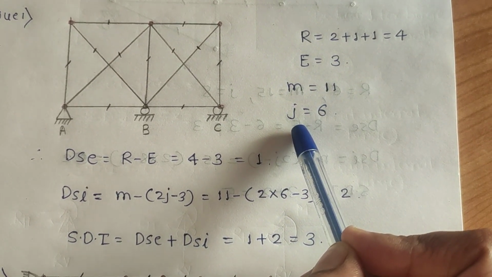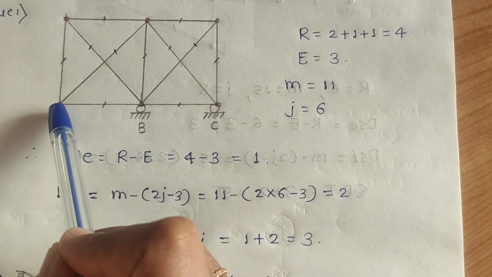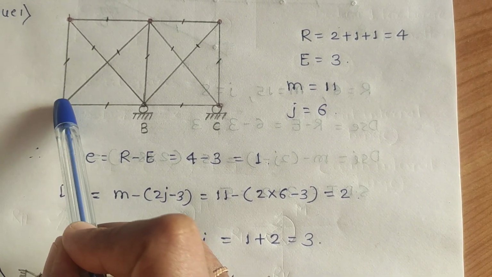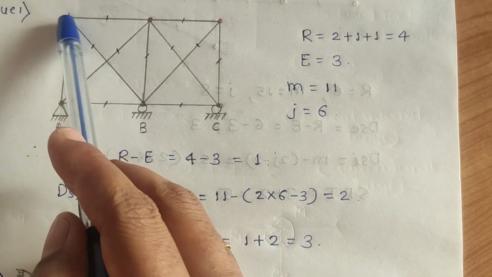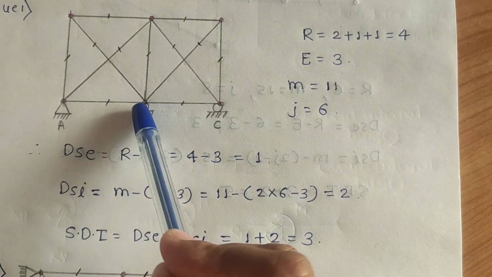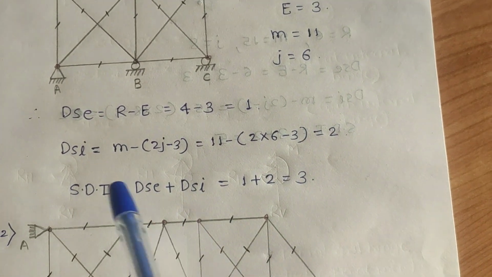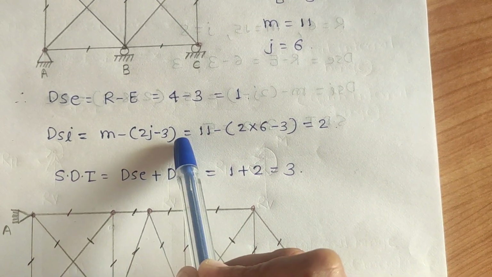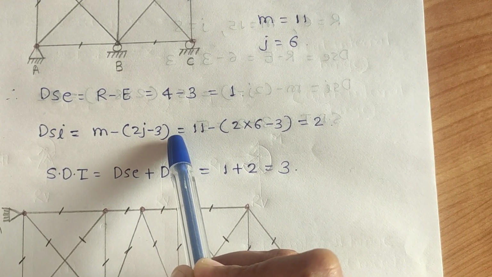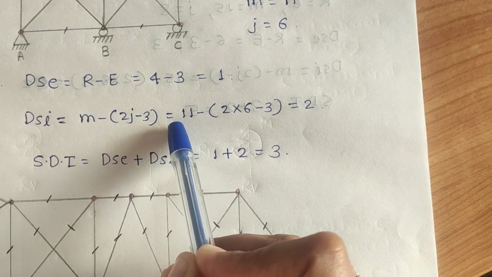Then count the number of joints, where the members are connected with each other, that is called a joint. 1, 2, 3, 4, 5 and 6. The number of joints is equal to 6. Hence the internal indeterminacy is equal to M minus 2J minus 3.